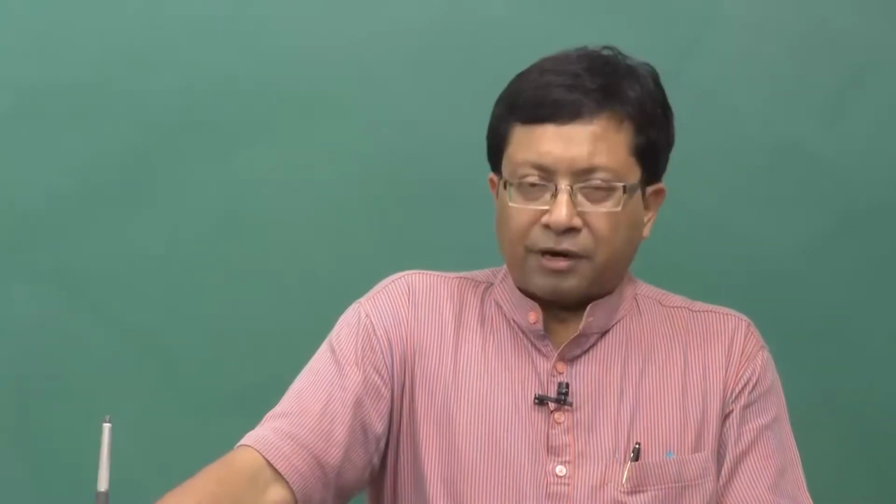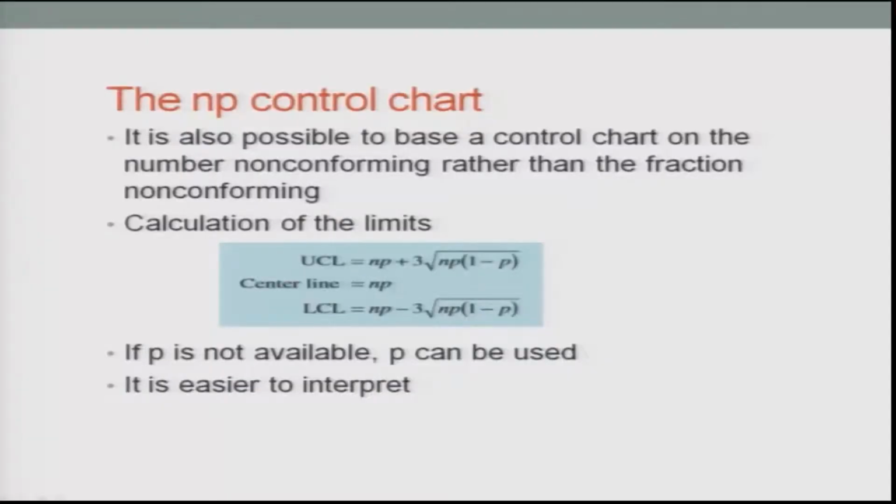For finding the upper control and lower control limits, the concept of the formulas remains the same, but the formulas change depending on what you want to find out, in place of the standard deviation, again using the central limit theorem. So, you have the upper and lower control limits as np plus or minus, and the coefficient is 3.